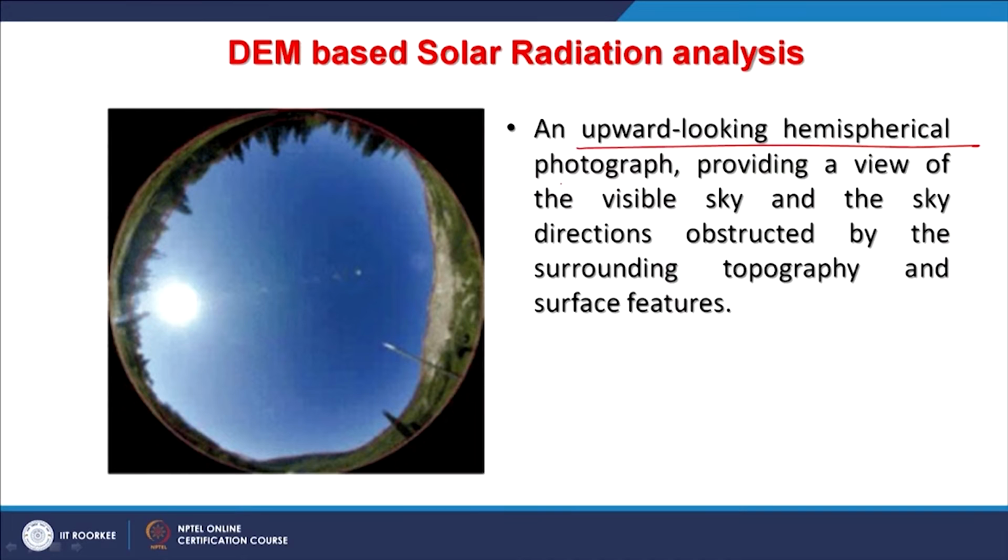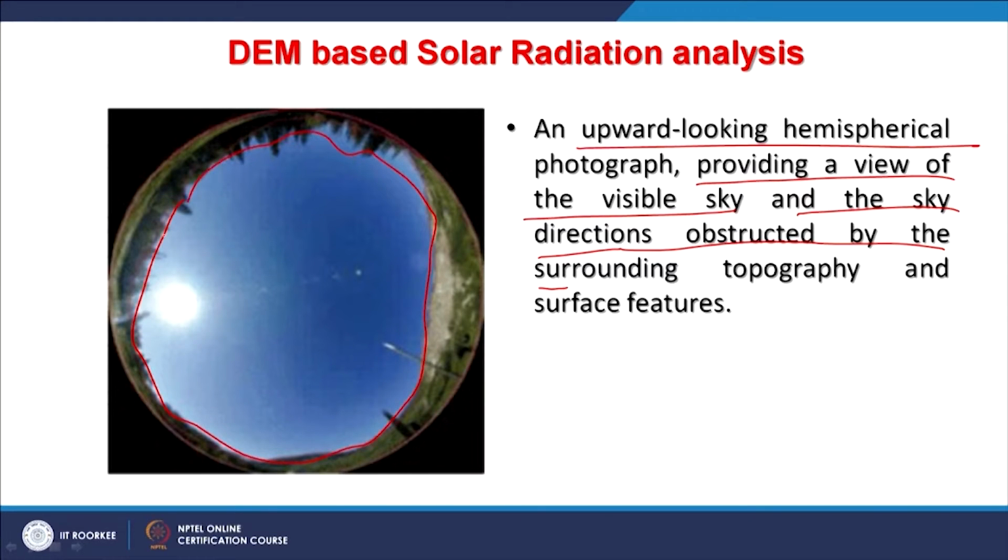A photograph was taken keeping the camera on the ground, and this is how it looks, providing a view of the visible sky and the sky directions obstructed by the surroundings. That is why it was mentioned that not only topography affects the incoming solar radiation or insolation, but also the features. Features here are also creating a hindrance.